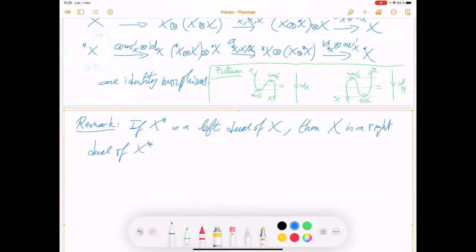In other words, you can take star of X star equal X.